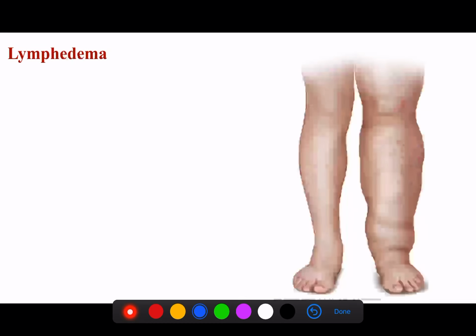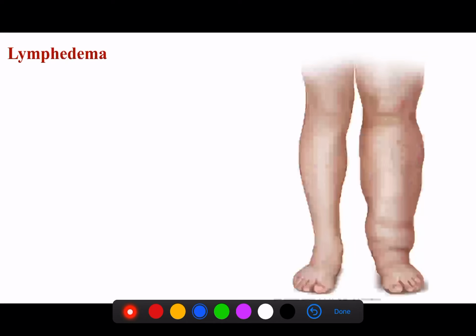At last, we will talk about lymphedema. Lymphedema may occur due to obstruction of the lymphatic vessel, lymphatic drainage, due to tumor compression, deformity, or force compression.